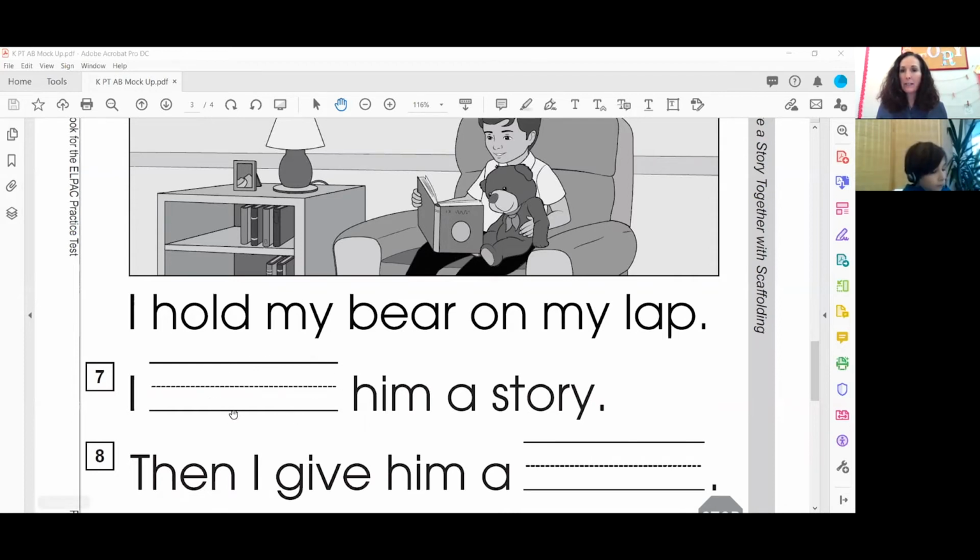It'll be number 7 on your paper. And then hold it up so I can see that you're in the right place. Keep holding it up. That's good. Thank you.